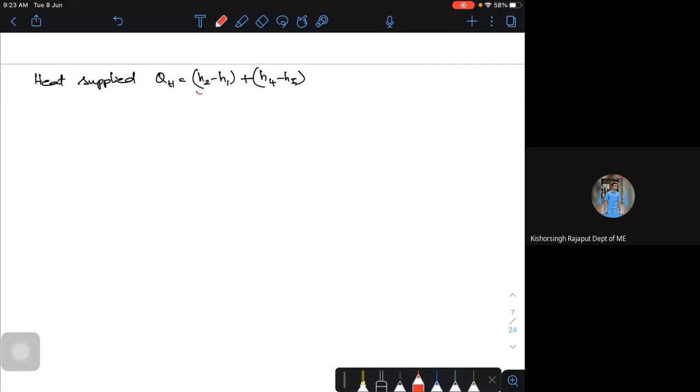This is in the boiler, and this is the reheating in the superheater. This is the extra heat I'm trying to add.